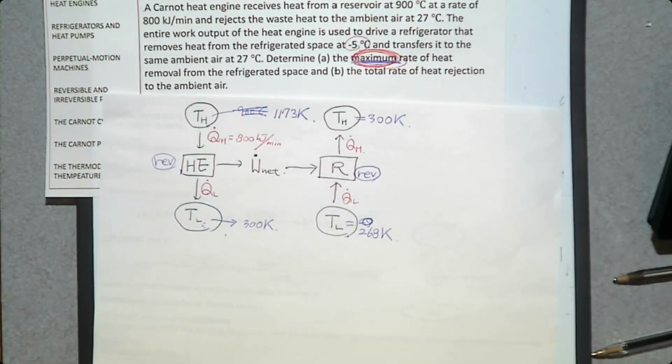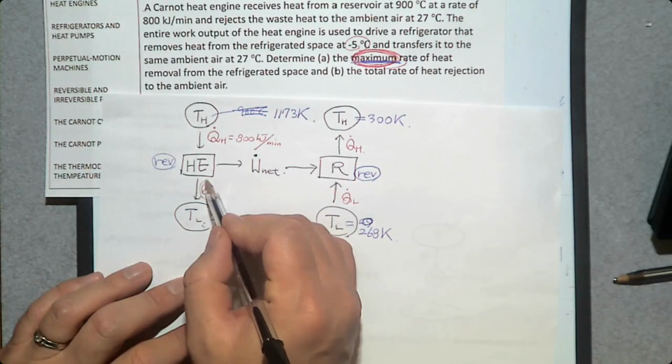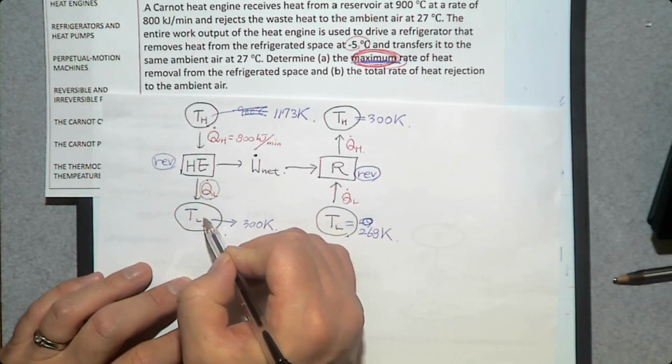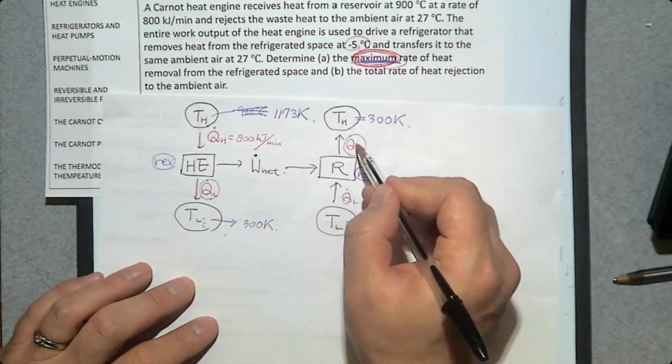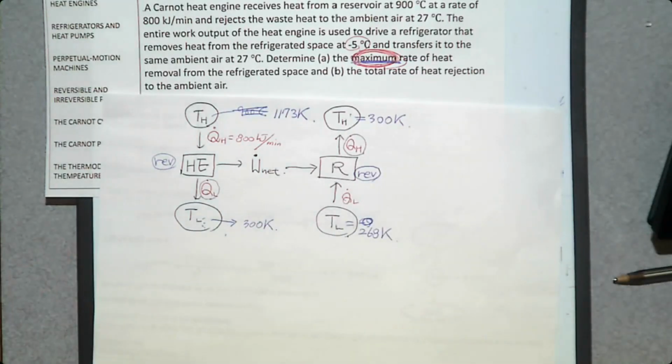So we want to determine Q dot R and the rate of heat rejection to the ambient air. This one, heat rejection to the ambient air. This one, heat rejection to the ambient air. So that's what we want to do. Kind of complicated, right?